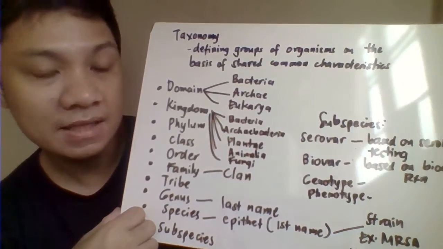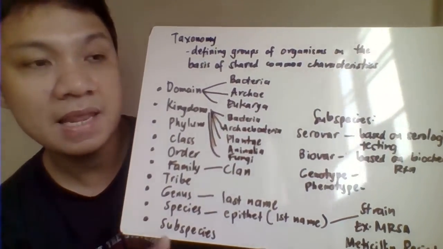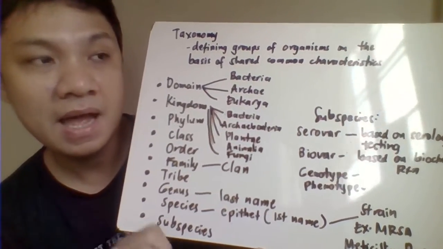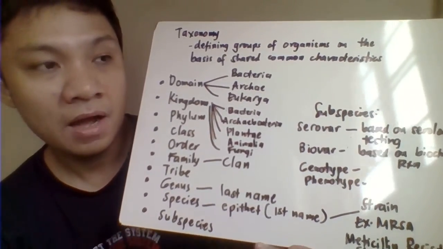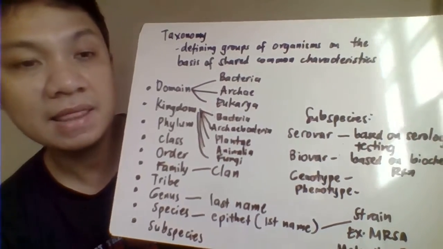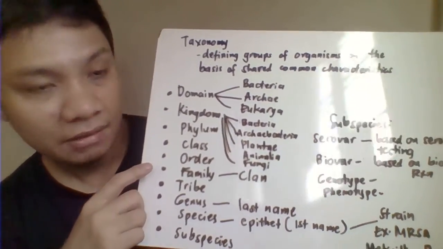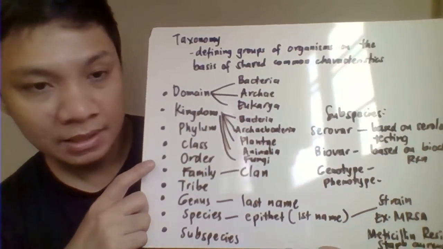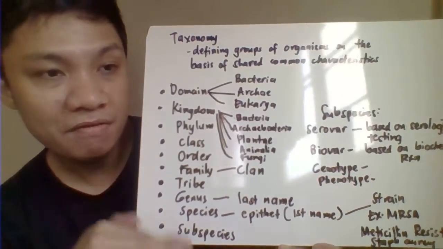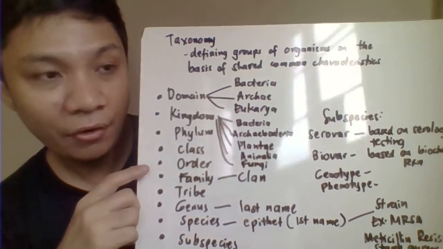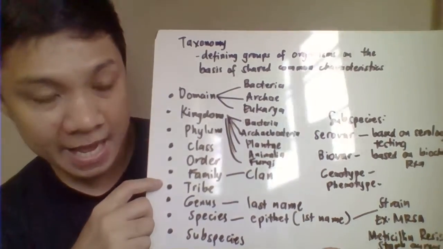Followed by the kingdom, and we have the kingdom Animalia, Bacteria, Archaebacteria, Protista, Plantae, Fungi, and many others. Then followed by the phylum, then next to the phylum we have the class, the order, the family, tribe.